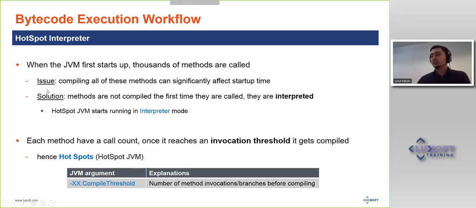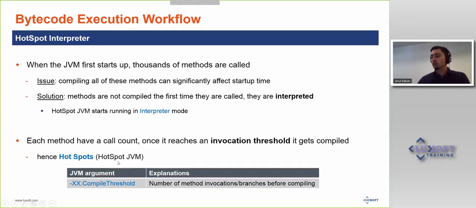And it doesn't make sense to compile all these methods because it takes time and maybe only a few of them are really used. The thing is that only the methods that are intensively and frequently used, only those that reach an invocation threshold, become hotspots and are compiled.